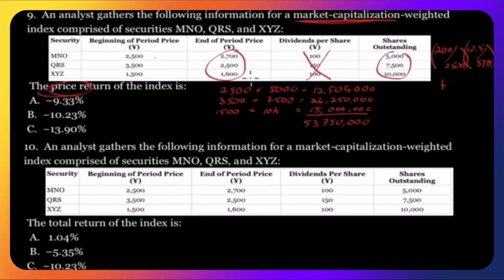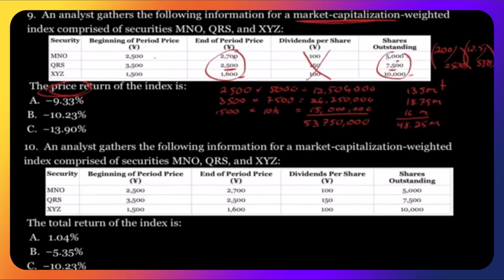So if I calculate 2,700 by 5,000, I will get 13.5 million. If I take 2,500 by 7,500, I get 18.75 million. And if I take 1,600 by 10,000, I get 16 million. If I add this up, I have 48.25 million.